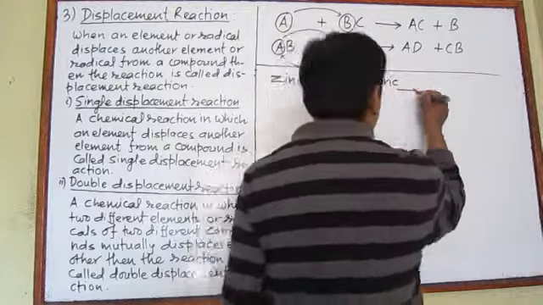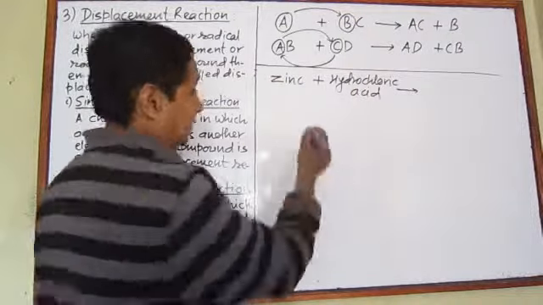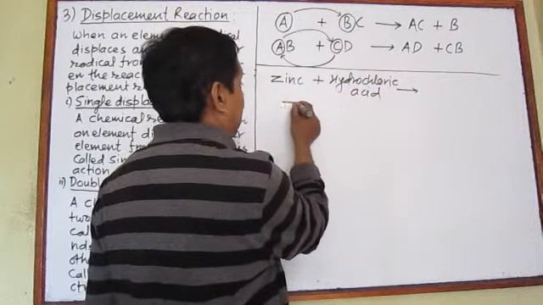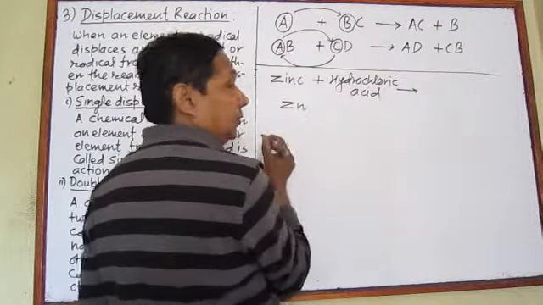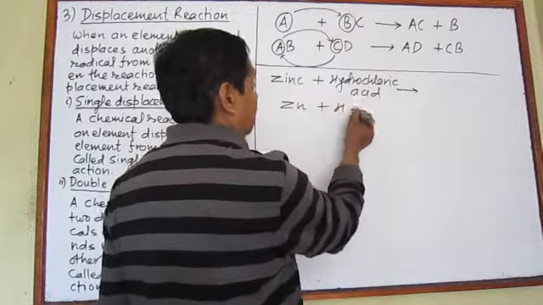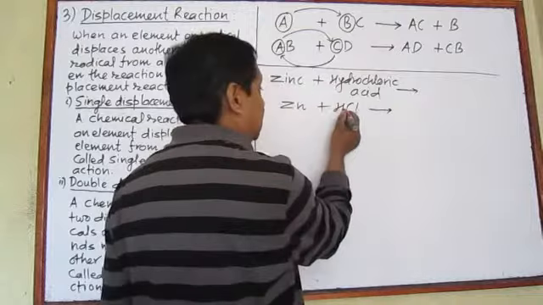When a metal reacts with acid, generally the metal displaces hydrogen of the acid. We can write the formula equation first to understand very clearly. Zinc, this is the symbol of zinc, and hydrochloric acid, this is the molecular formula of hydrochloric acid. When they react, then zinc displaces hydrogen.